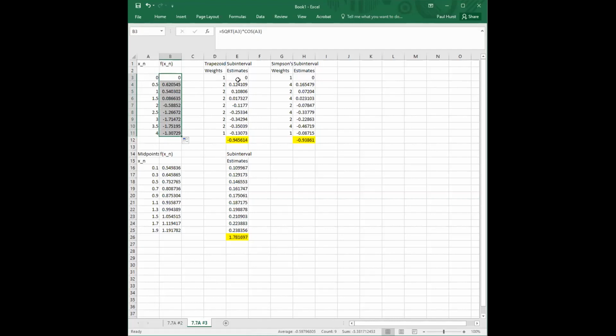The values here adjusted, but let me see. The subinterval H is not 0.2 anymore, it's 0.5. And the same thing with this H right here, it's not 0.2, it's 0.5.